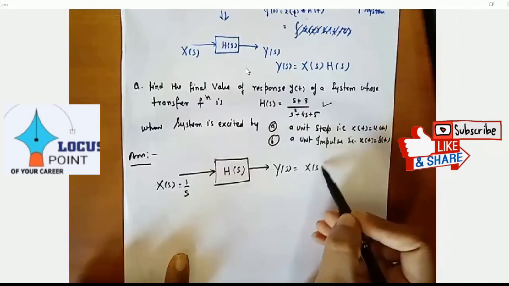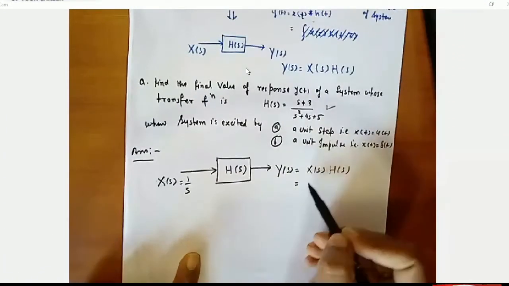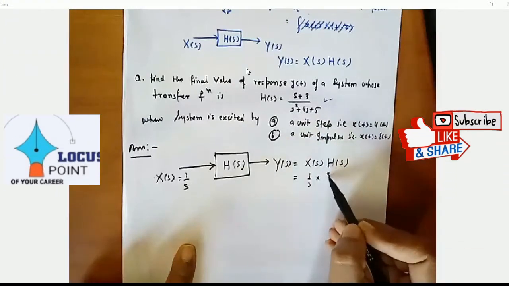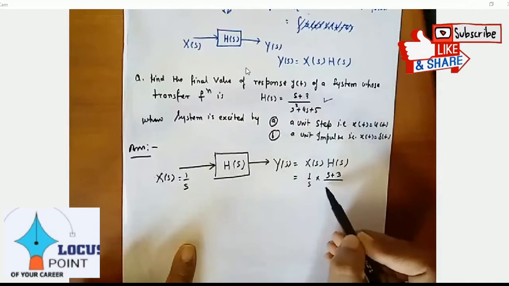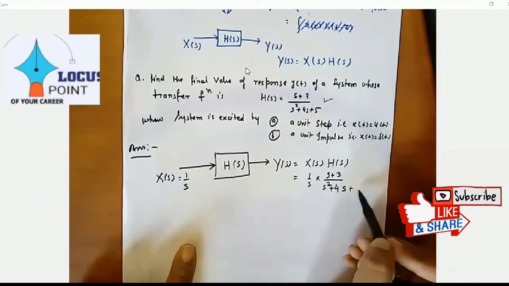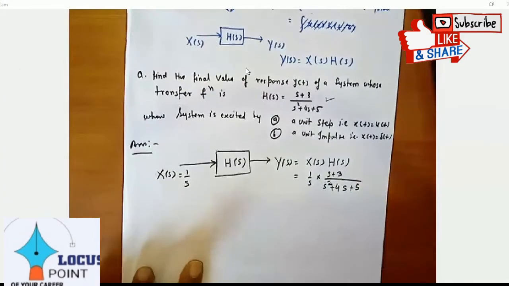So this can be written as X(s) into H(s). So 1 upon s into H(s), that is (s plus 3) divided by (s squared plus 4s plus 5). Look at here.